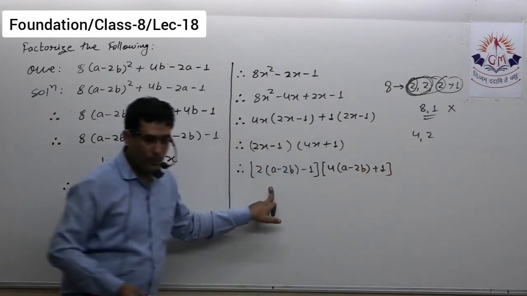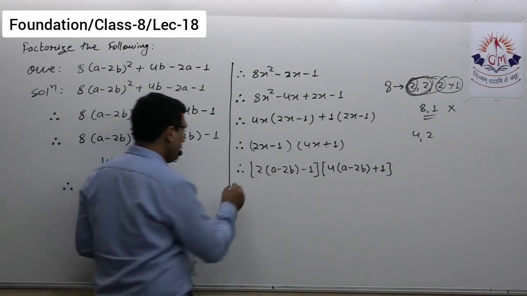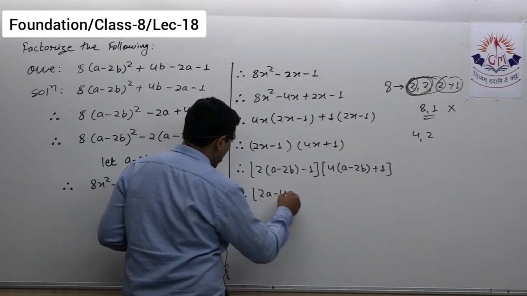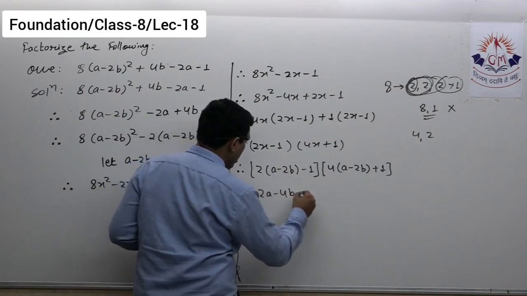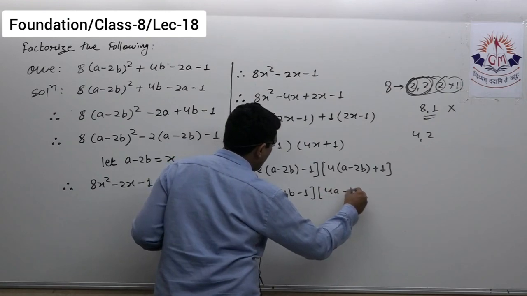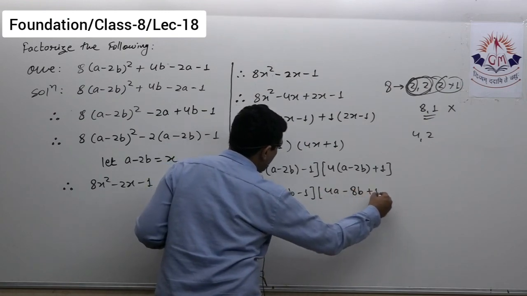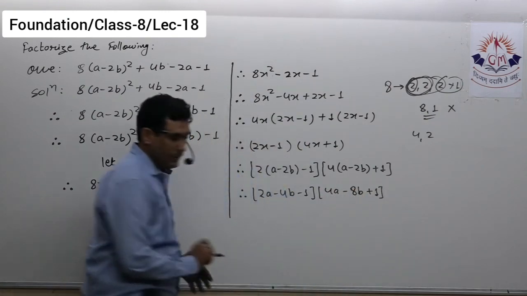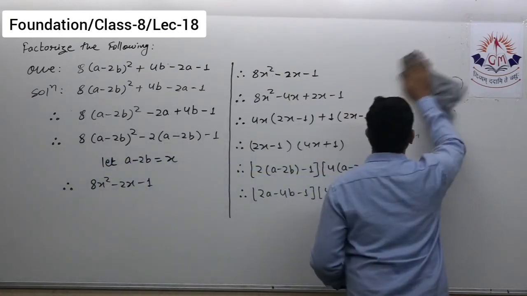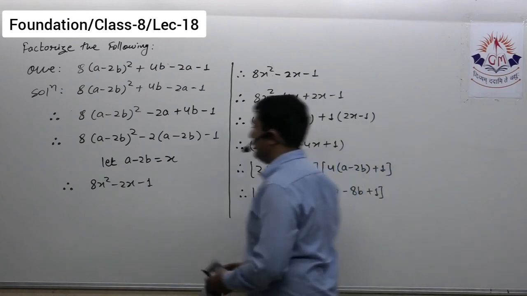Now I will open the bracket. Here I get 2a minus 4b minus 1, and over here 4a minus 8b plus 1. So these are the required factors of the given expression. So please note it down.